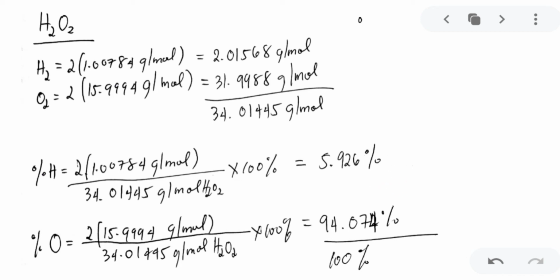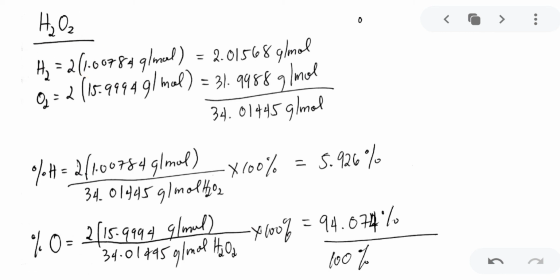To get the percent composition, or the percentage attributed, for oxygen in this compound, the percent of oxygen is equivalent to the number of oxygen atoms, which is 2, and then the atomic weight, which is 15.9994, over the molar mass of the hydrogen peroxide, times 100%. Then we will have 94.074%. If you add that up, that is equivalent to 100%.